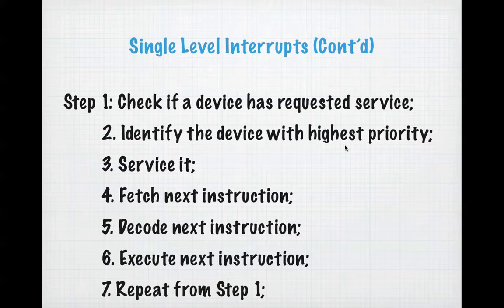So we could elaborate a little more about what really goes on when we say that we want to service a device that has made a request for interrupt. So what we do is we go out and check if a device has requested service, after which we identify the device with the highest priority, and then we service it, and then we go and fall into the first 3 steps, or the original 3 steps in a typical fetch, decode, execute cycle of a computer.